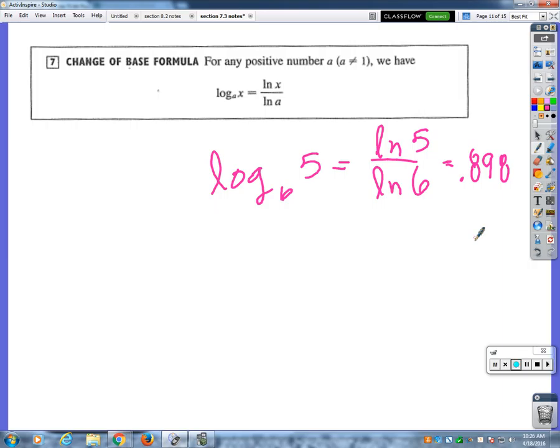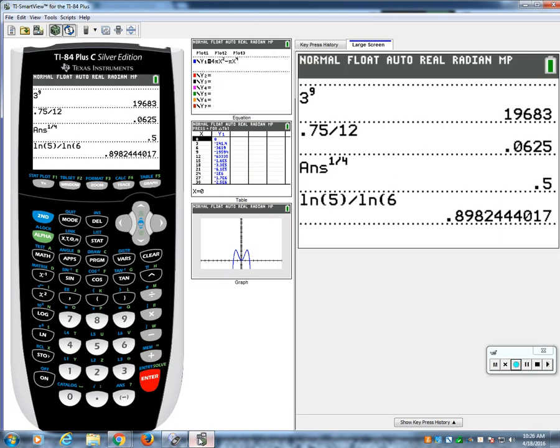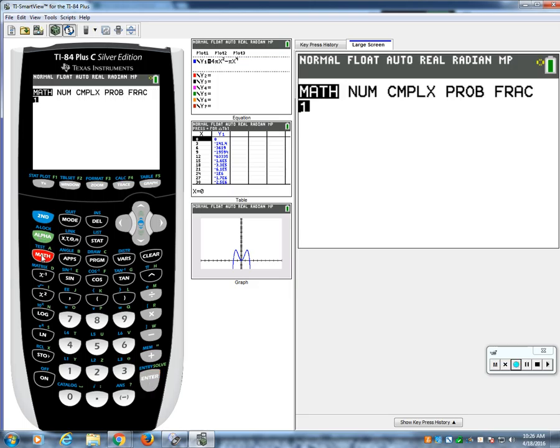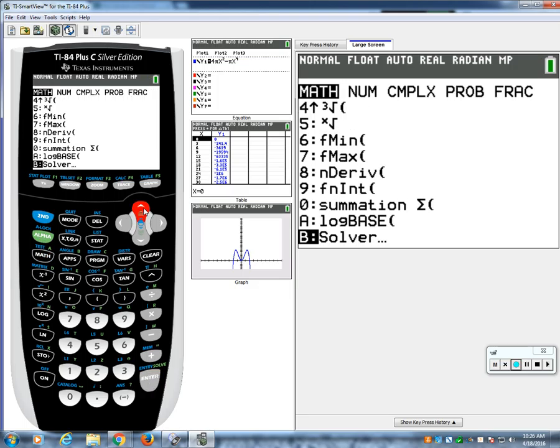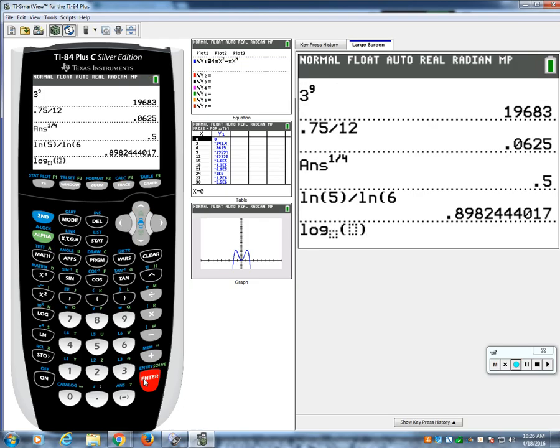But like Logan said, we have a change of base function now on our calculator. So if you go, what is it? Math A. So I'm going to go the short way around. If you throw that in there, oh, but it's log, not natural log. Oh, no, we wanted log, didn't we? Yeah, sorry, log base 6 of 5. So you could do it. Yeah, gotcha.